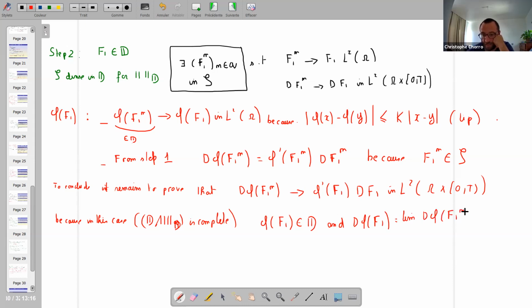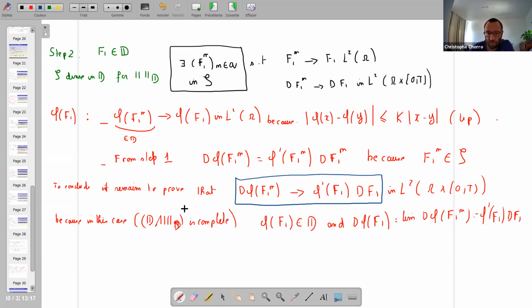That will be, if I prove this, phi prime F1 D of F1. That is what I want to prove. So the only thing that remains to prove is this. So let's prove this.